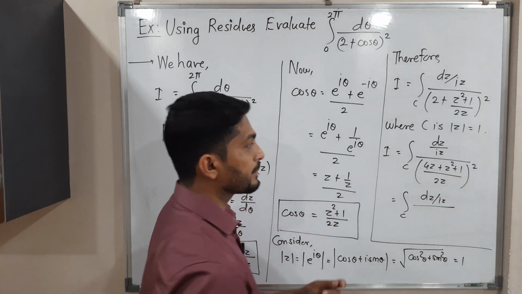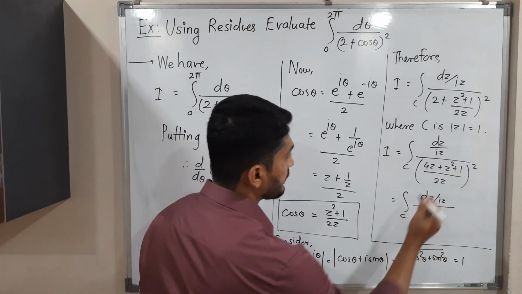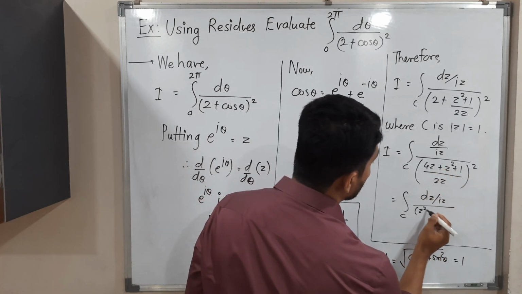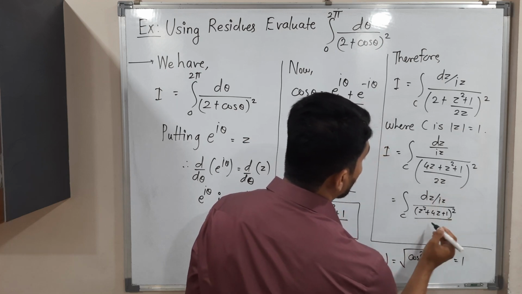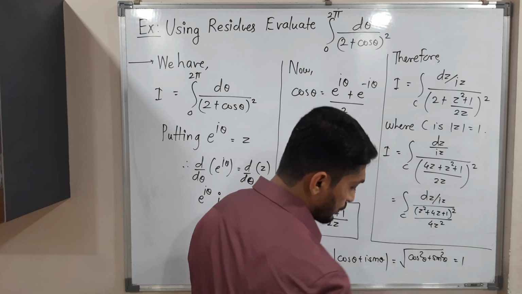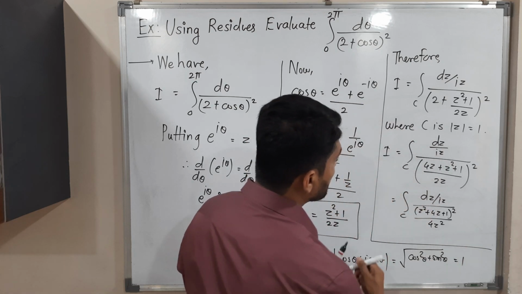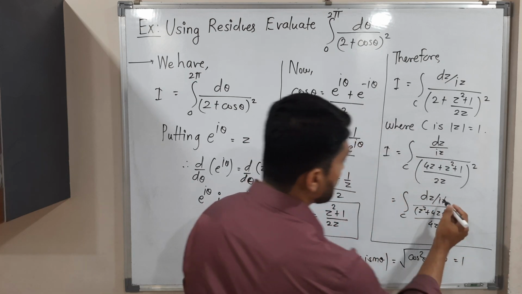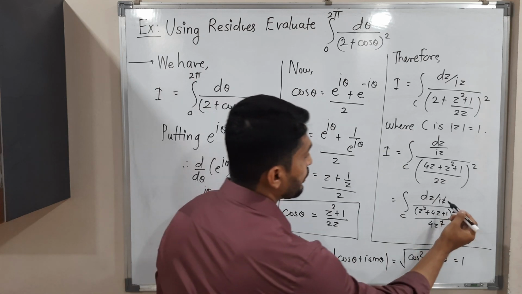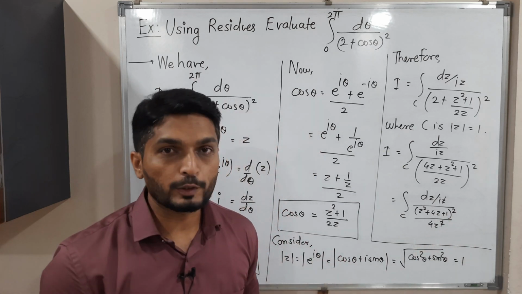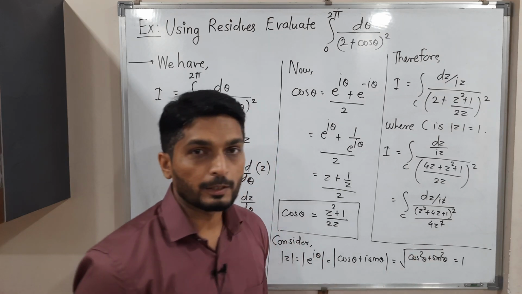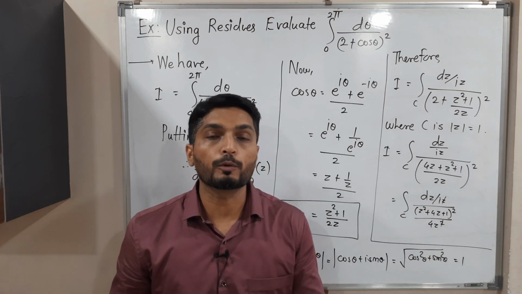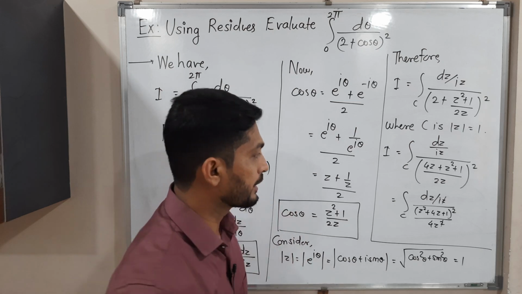We can take separate squares: the square of the numerator, that means z square plus 4z plus 1 whole square, and the square of the denominator, which is 4z square. So what will happen? One z will get cancelled here. This z is in the denominator, this z square is also in the denominator of the denominator. So one z will get cancelled and we have 4z here, but it is in the denominator of the denominator, so it will shift to the numerator.